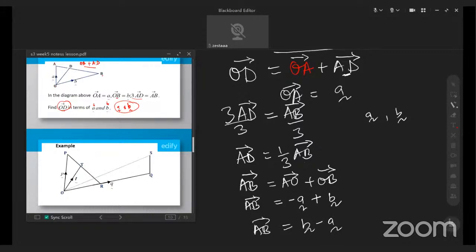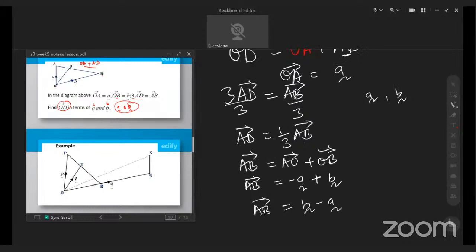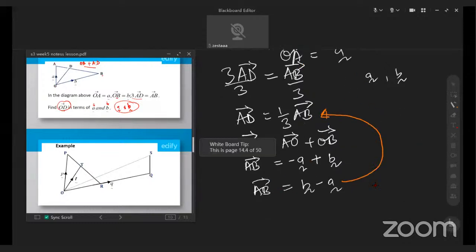Good. So from there, you go and substitute back. Maybe you substitute this one into this one here, then you substitute also in the previous one.